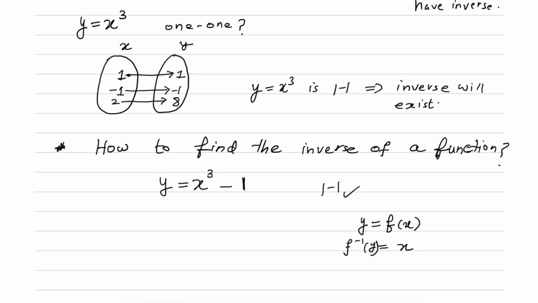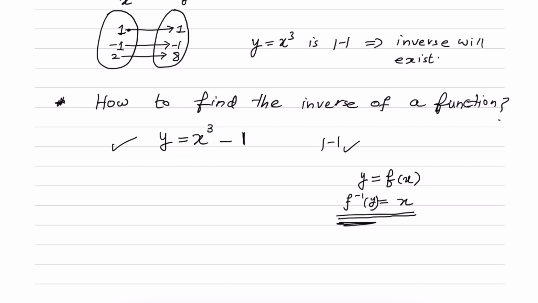So why have I written this on the side? This should be my goal. I have to take x out of this equation and keep it on one side, and everything else on the other side, and this would be called f inverse of y. So coming back here, y equal to x cube minus 1, my goal is to find x, keep it on one side, and everything else on the other side would be called f inverse of y.